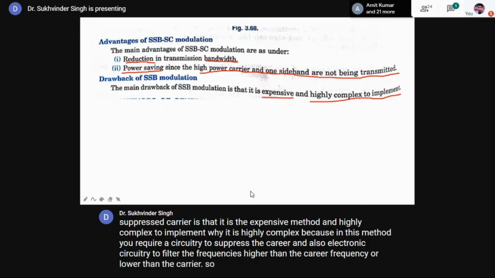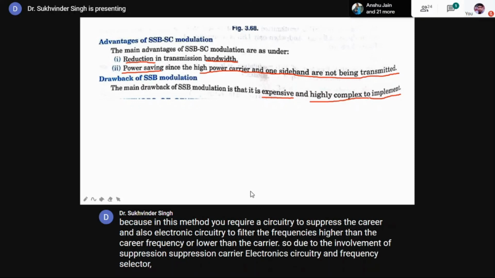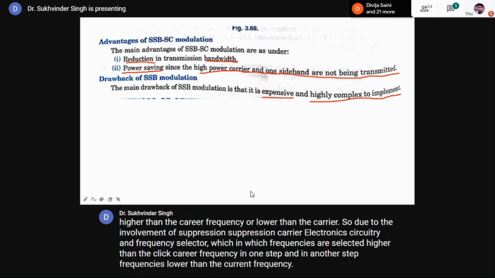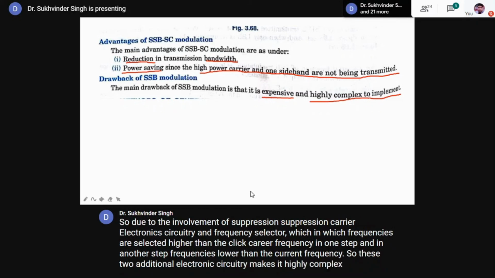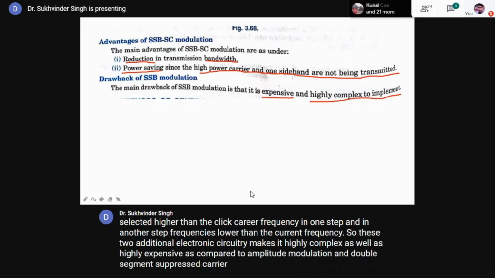So due to the involvement of carrier suppression circuitry and a frequency selector, in which frequencies higher than the carrier frequency are selected in one step, and in another step frequencies lower than the carrier frequency, these two additional electronic circuits make it highly complex as well as highly expensive as compared to amplitude modulation and double sideband suppressed carrier methods.